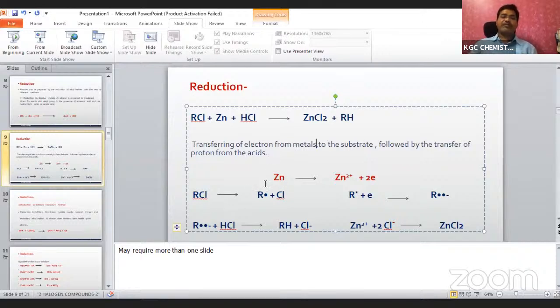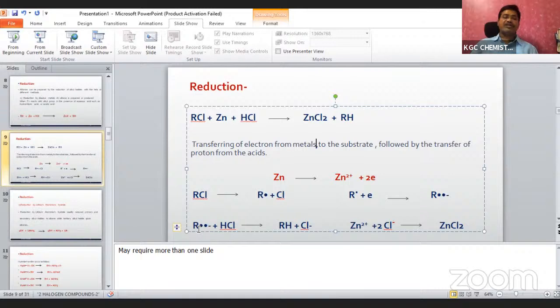See here what actually happened. Zinc is oxidized to Zn+2 and loses 2 electrons. The alkyl halide undergoes cleavage to form an alkyl free radical and a chlorine free radical. This free radical takes one more electron and we get a negatively charged species.